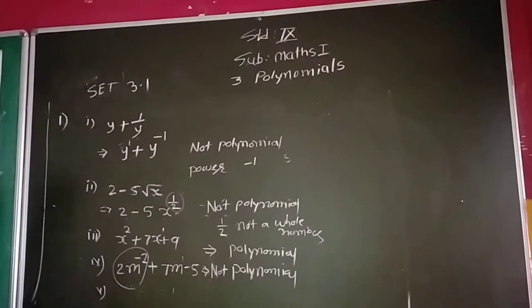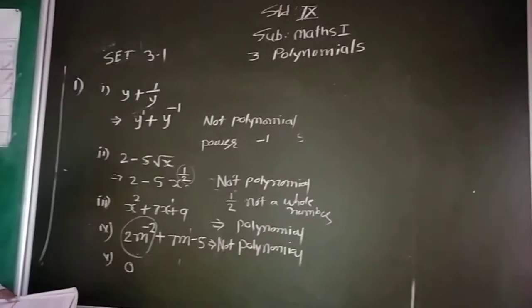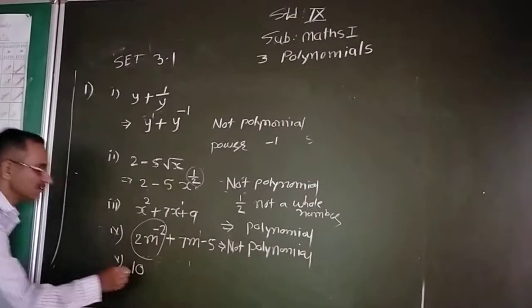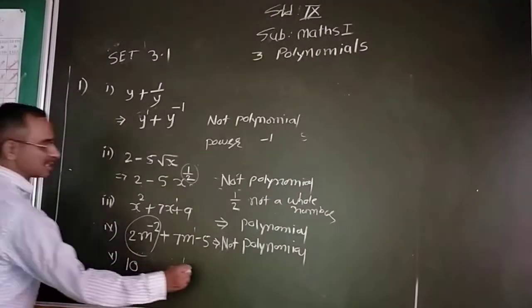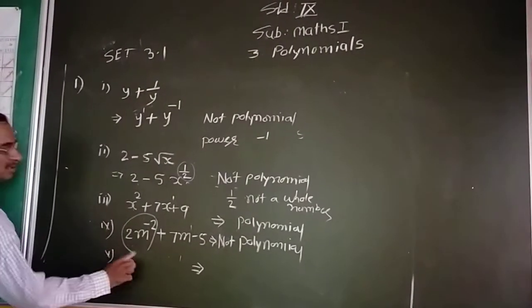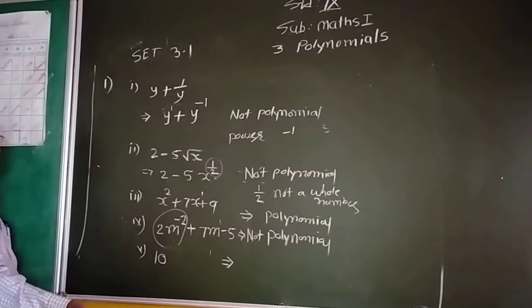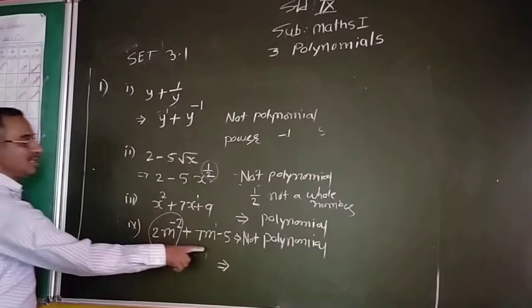Then the fifth one: 10. It is a constant. Any constant is always a polynomial, whether positive, negative or 0.